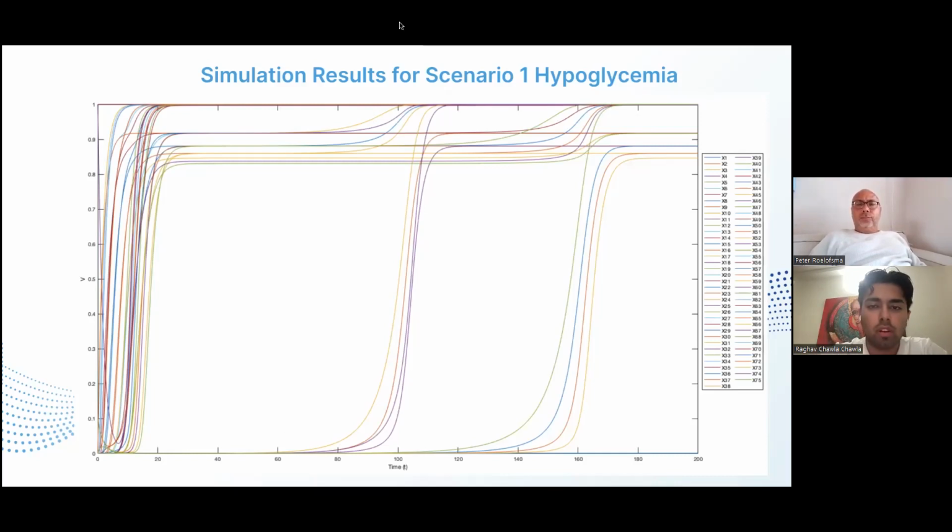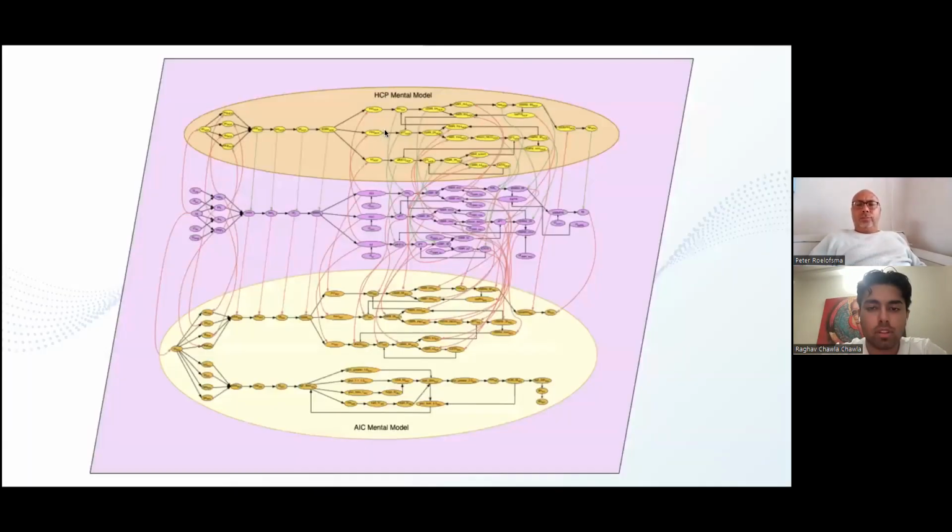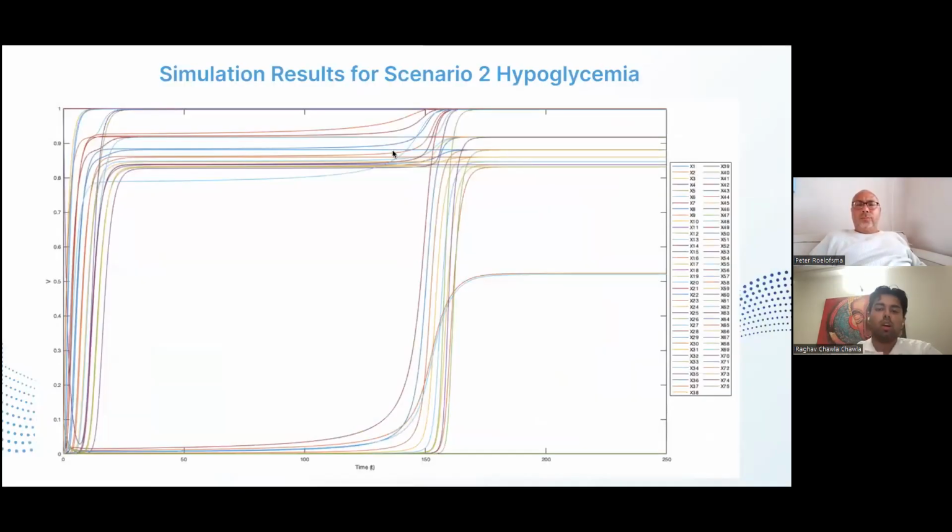But then if we move on to scenario 2, where we do have a mistake committed by the doctor, then you can see that all the first order states, which are modeling the adaptation of the connection between the states, and then the resulting states, which are the vulnerabilities, are all performed later.